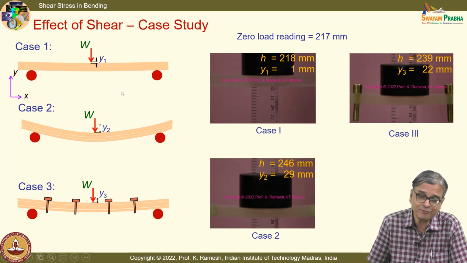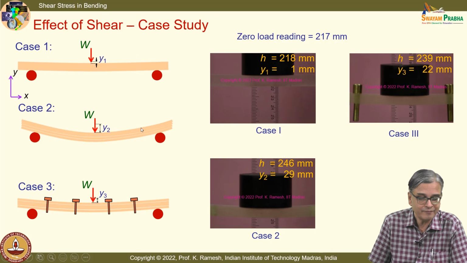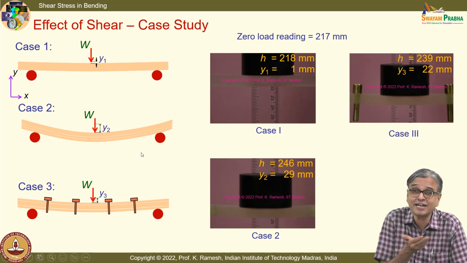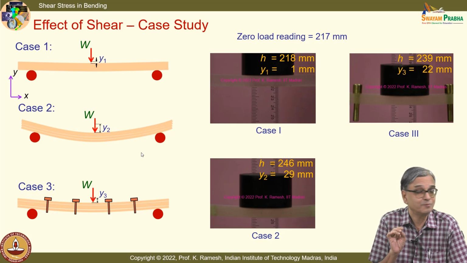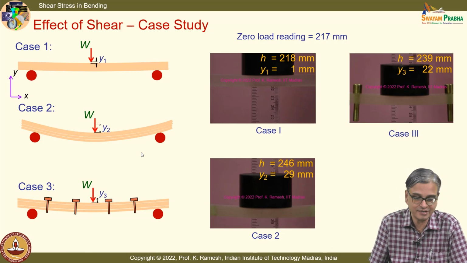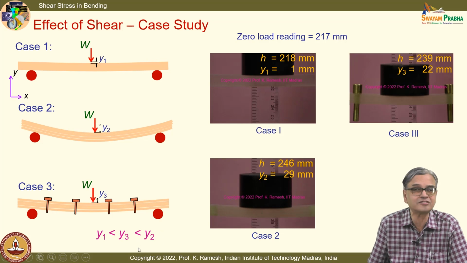To appreciate what happens in the solid beam, we have taken layers to understand what happens in between the layers. Because this is very subtle. The issue what we discussed today is a very subtle concept. And you can also make a record that y1 is the least, y3 comes in between, and y2 is the largest deflection.